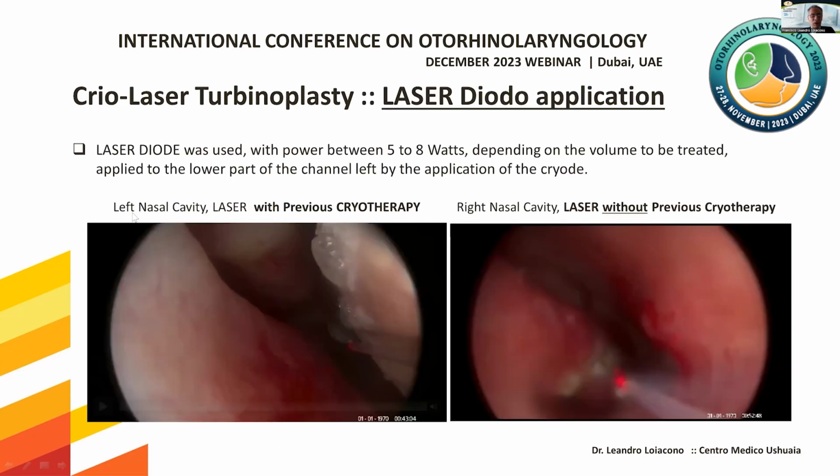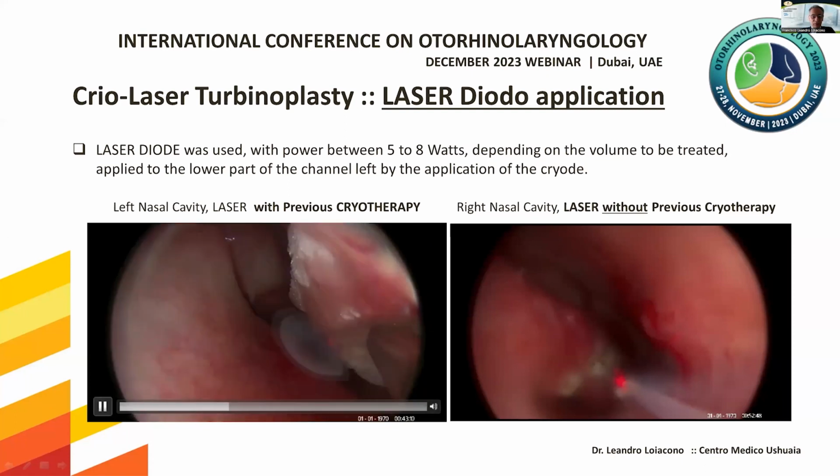You can see now the left nasal cavity with the laser with previous cryotherapy. You can see the cavity, the channel or canal with the laser fiber acting on it.